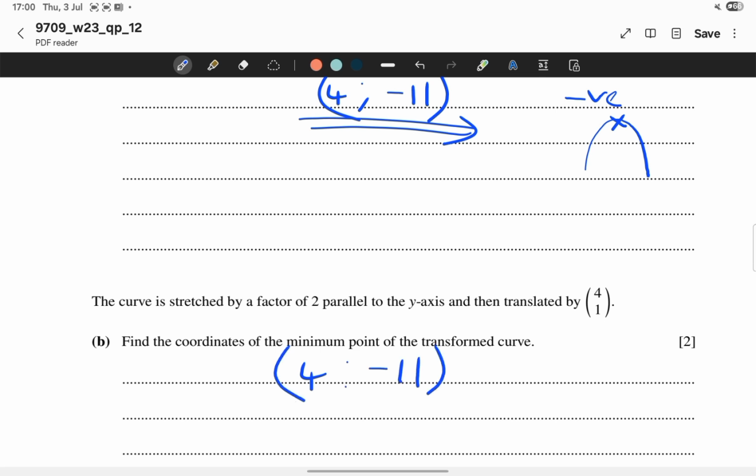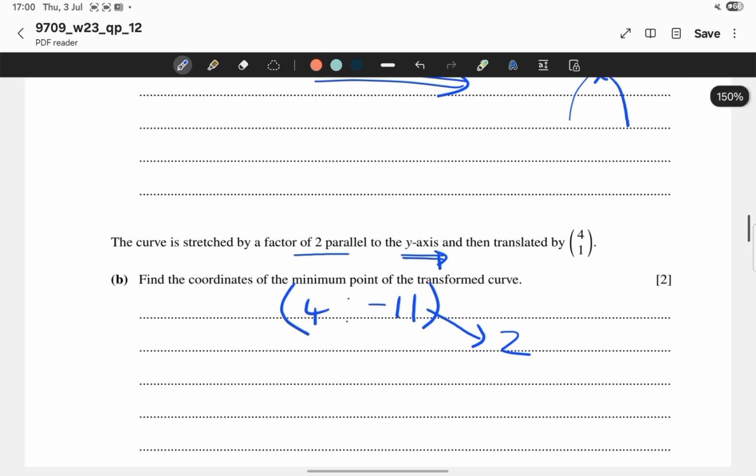And the curve is stretched by a factor 2 parallel to the y-axis, meaning it's only affecting the y-axis. So we're going to multiply the y-coordinate by 2. And we get 4, minus 22, right? This is after the stretch by factor 2 parallel to the y-axis.